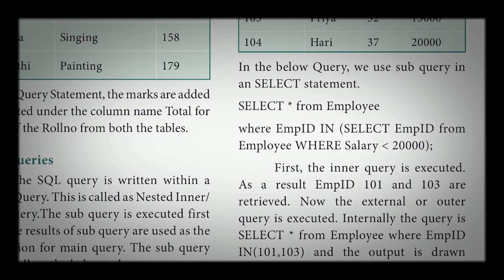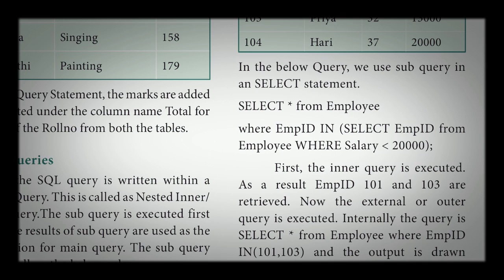Inside the parentheses is the subquery, so first it will be executed. Select employee ID from employee where salary is less than 20,000.